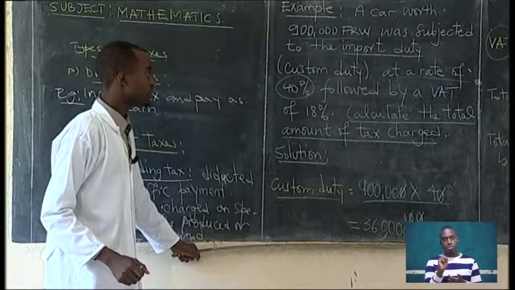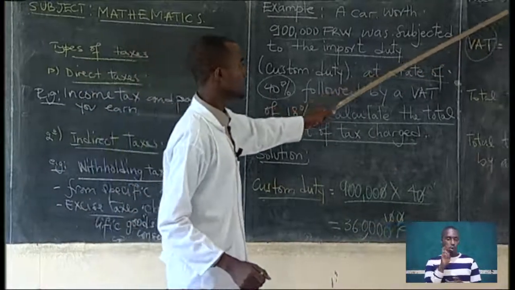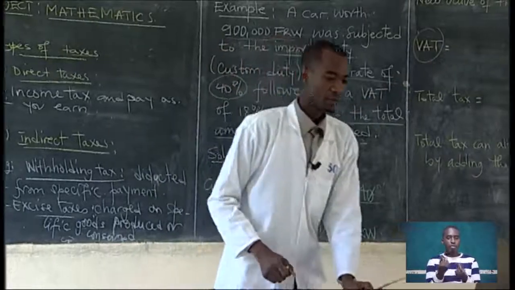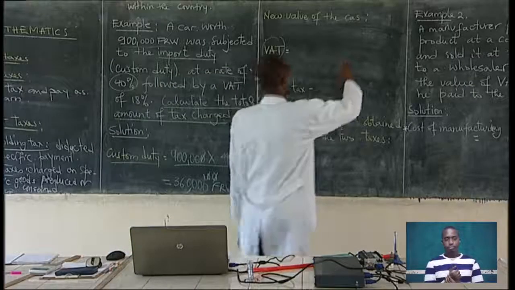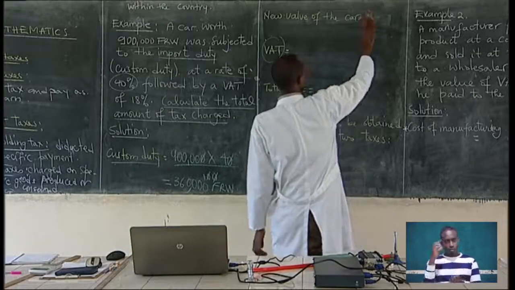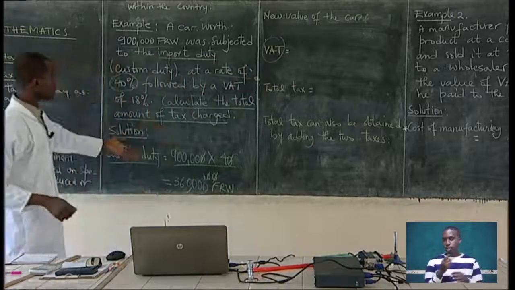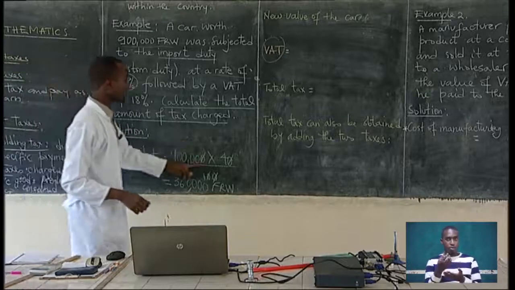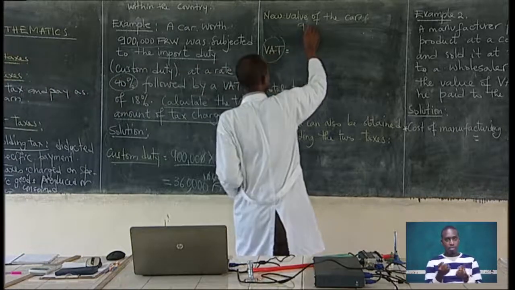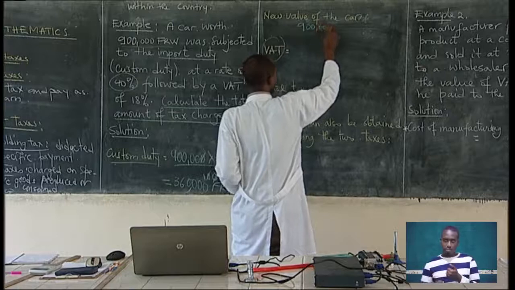From this custom duty, we need to also look at what we call the new value of the car. How do we get this? To get the new value of the car, we take the money that was before, 900,000.